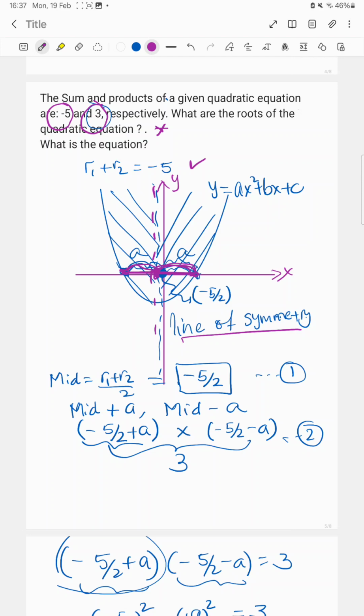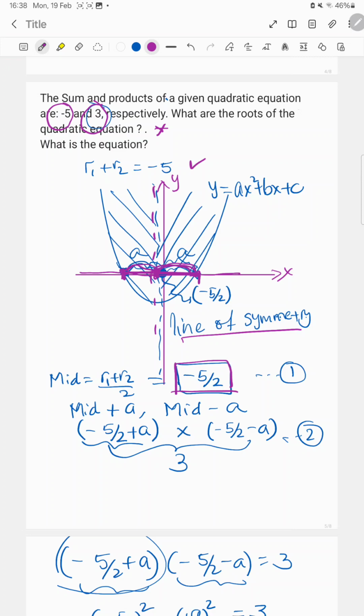Then the center point of such an intersection between a horizontal line, in this case the x-axis, and the line of symmetry is the center of the two roots. From that fact, we have here the center, minus 5 over 2.